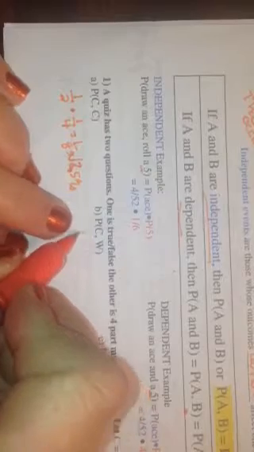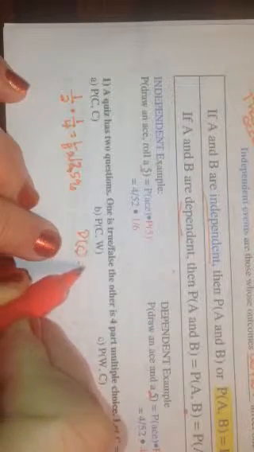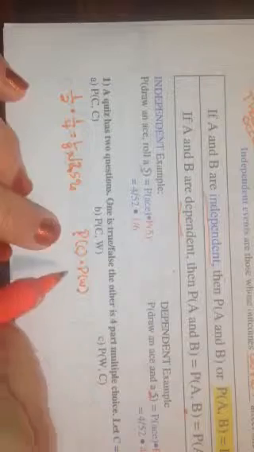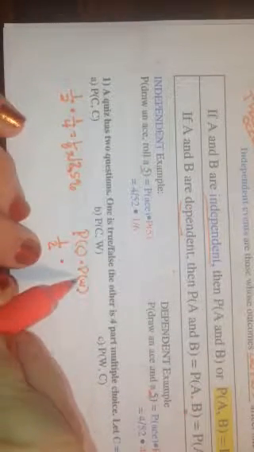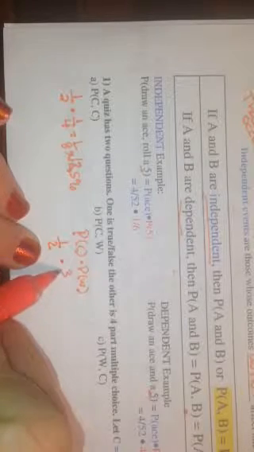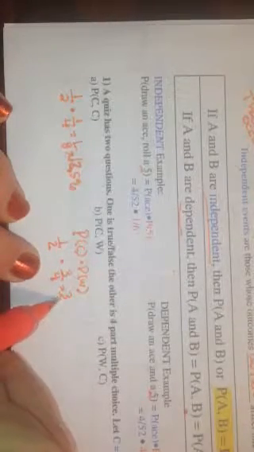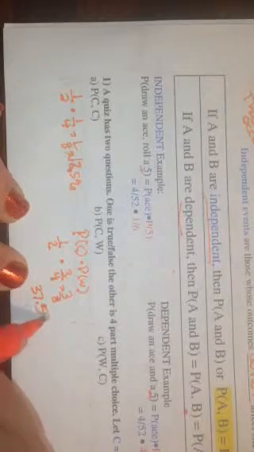Okay, the probability of a C times the probability of a wrong answer. The probability of a correct answer is 1/2. The probability of a wrong answer is 3 wrong answers out of 4. So that would be 3/8 or 37.5%.